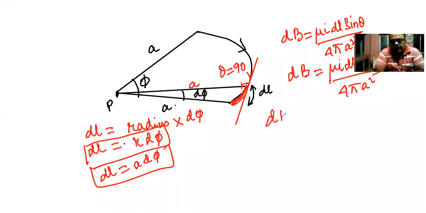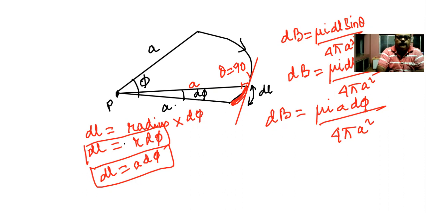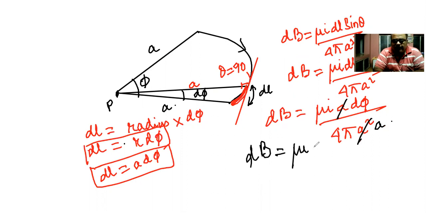So I write dB is equal to mu I, instead of dl I'll put a d phi, sine 90 is equal to 1, divided by 4 pi a square. So this a and this a will get cancelled. You are left with dB is equal to mu I d phi by 4 pi a.